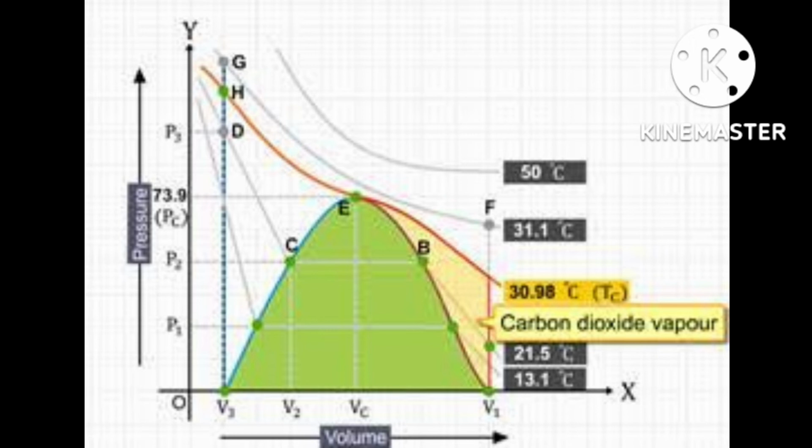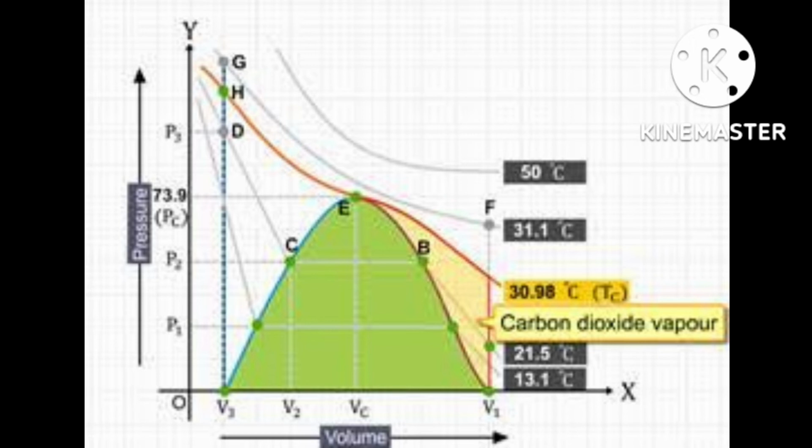Now again you understand further, it is possible to change a gas into liquid or liquid into a gas by a process in which always a single phase is present. This is again an important point.